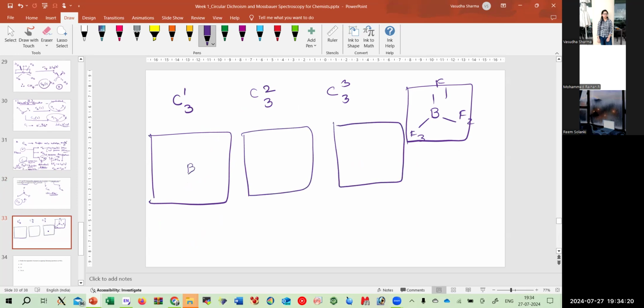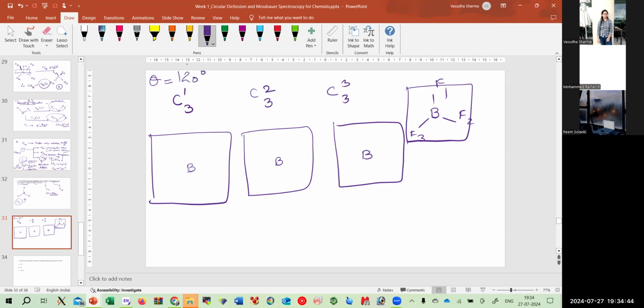What is the angle of rotation here? Team, you tell me. 120. Yeah, right.